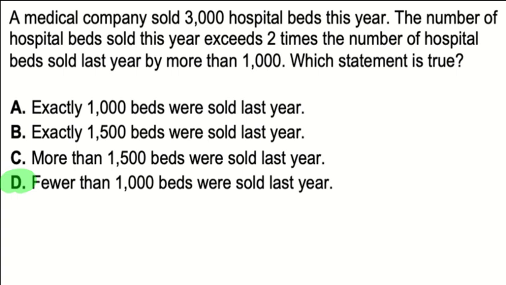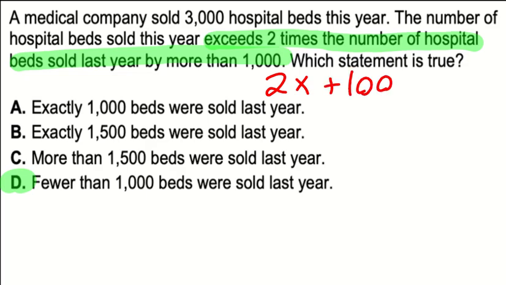So when we look at this, it's saying 2 times the number of hospital beds sold last year by more than 1,000. So basically, if we took last year's, we'll call that X, and we're going to say 2 times last year plus 1,000, and we're going to say exceeds, so that's greater than.